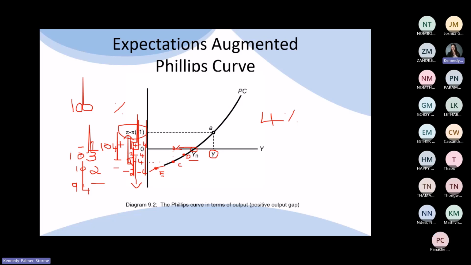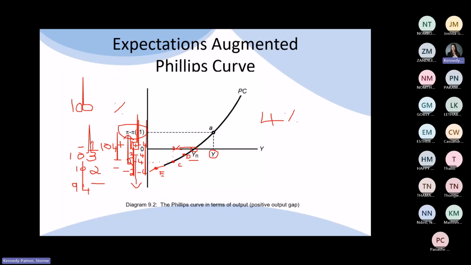Up until this point, our original basket was 100 Rand. If we're at point D, it costs 103 Rand. It means prices are still increasing, but they're increasing at a reduced rate.